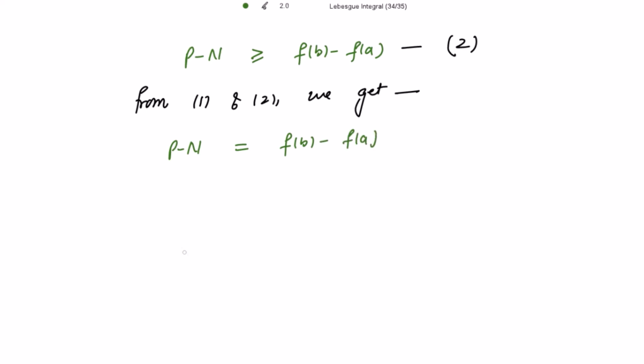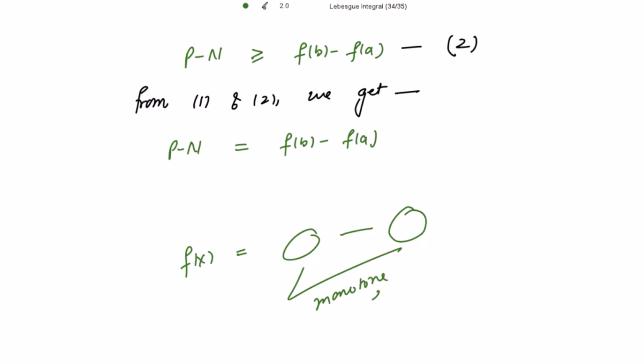Because I need to show that the function f(x) is the difference of two monotonically increasing functions, the difference of two monotone real valued functions. So for this we need to show this.